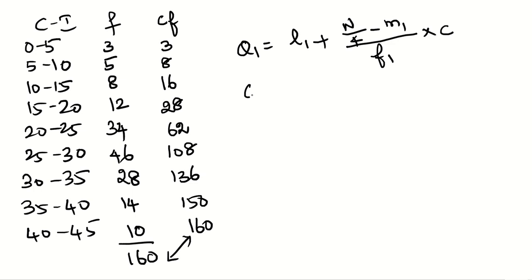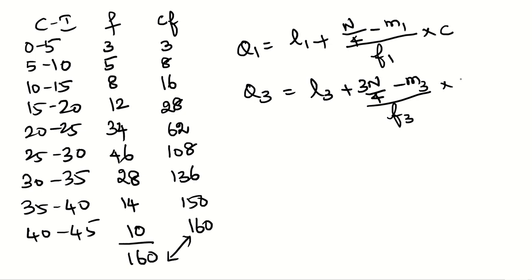Similarly, Q3 is given by the formula L3 plus 3n by 4 minus M3, where M3 is the cumulative frequency preceding the third quartile class, divided by F3, the corresponding frequency of the third quartile class, into the class width.